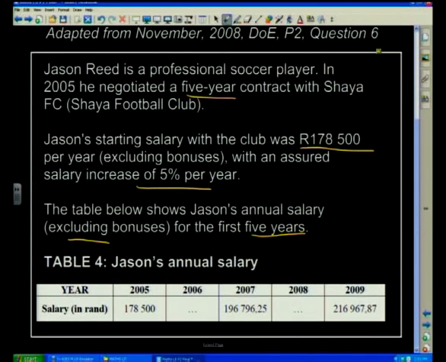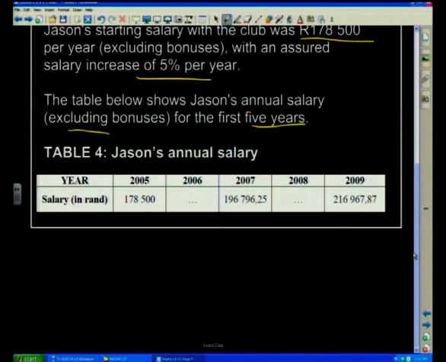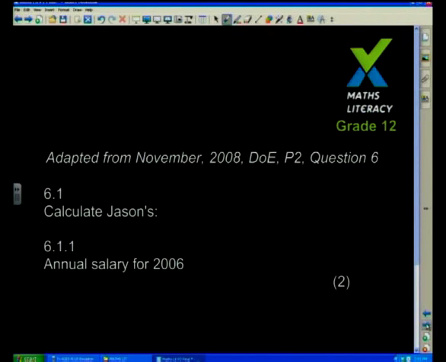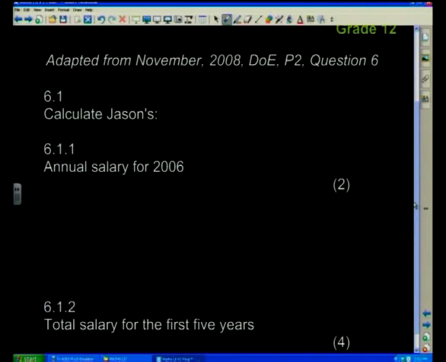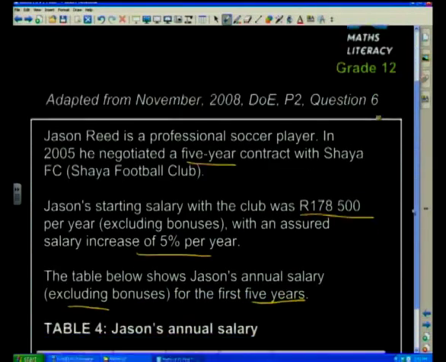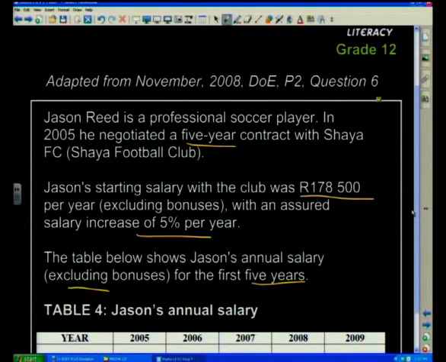So let's see what the question asks. Let's find the question. Question asks, calculate Jason's annual salary for 2006. So 2006 was his 2005 salary, which, do you think I could remember, was 178,500.